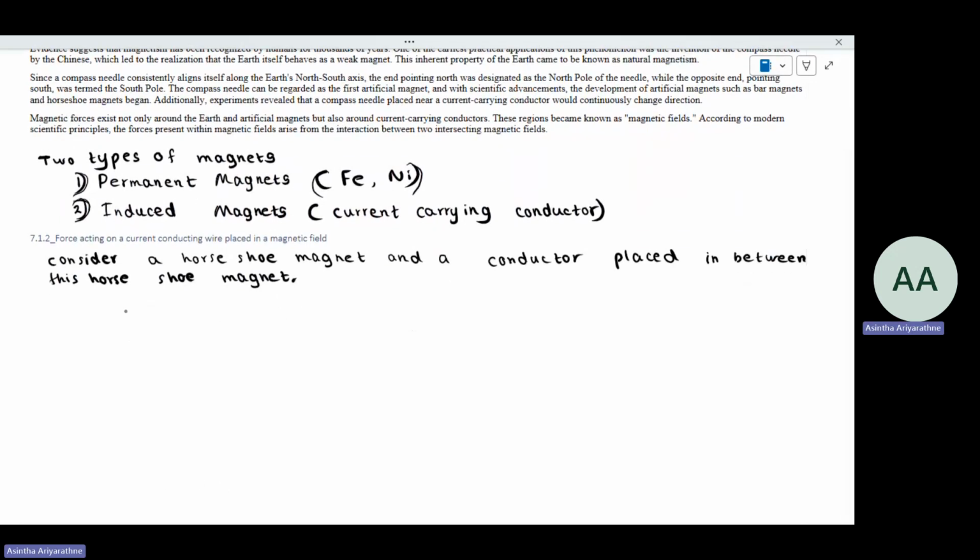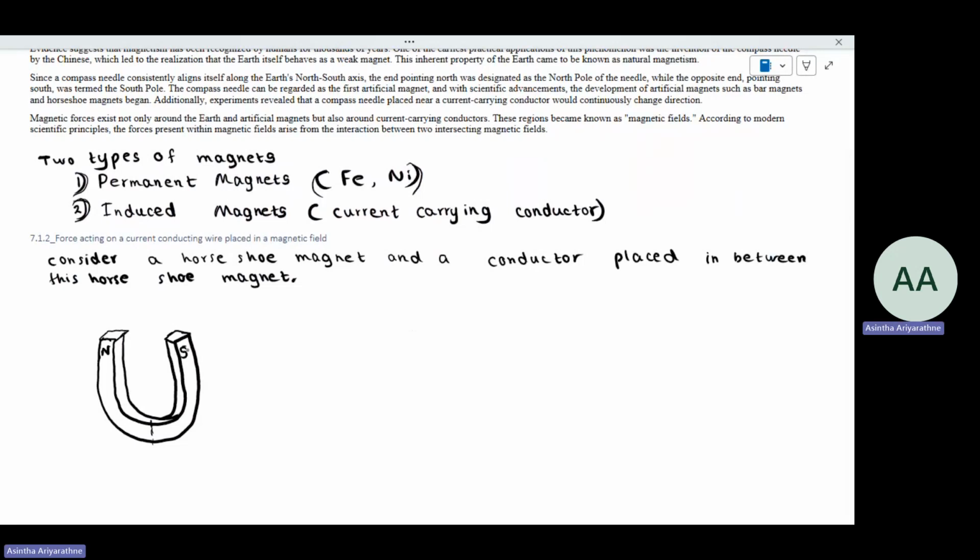The shape of the magnet is something similar to a horseshoe, like this, and one side is called north and the other side is called south.